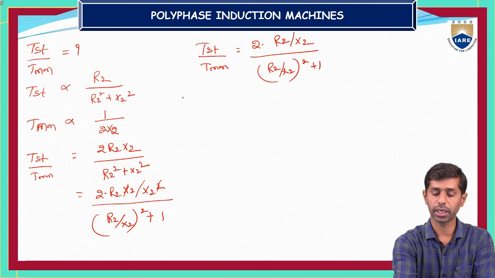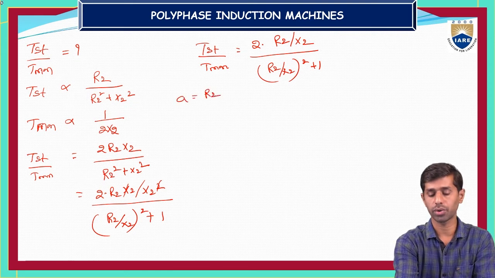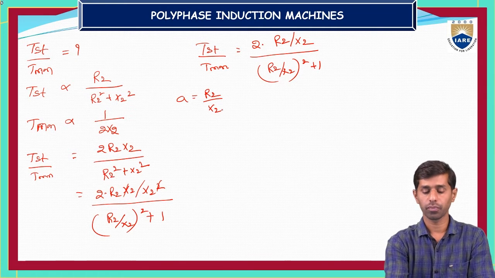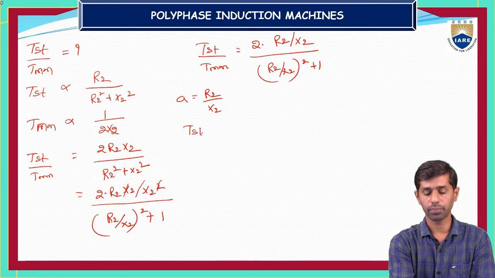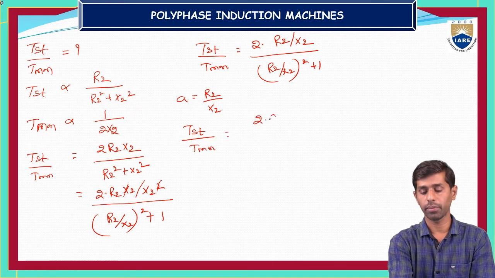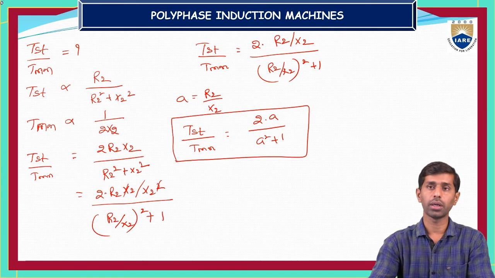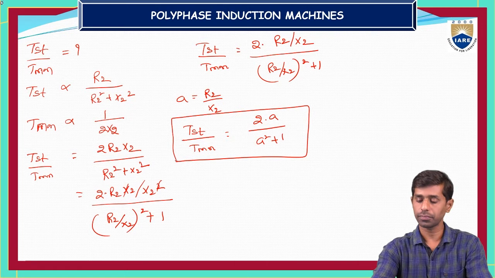Naming A equal to R2 by X2, the ratio of resistance to the reactance of the rotor, TST by T maximum, the ratio of starting torque to maximum torque, equals 2A by A square plus 1. This is another relation for torque.